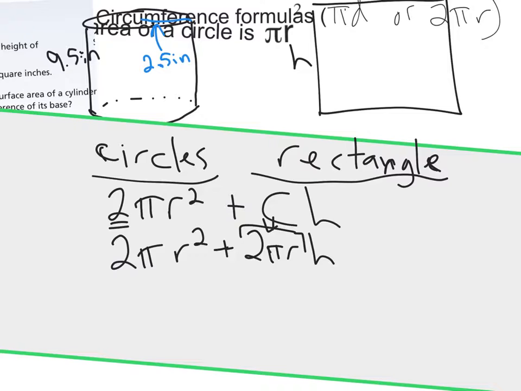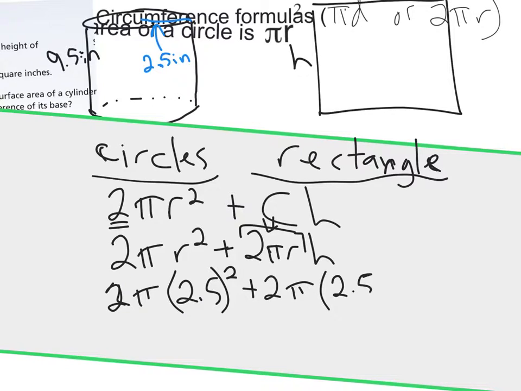So we look at our cylinder here, and the r stands for radius, which is 2.5. And then the height is 9.5.